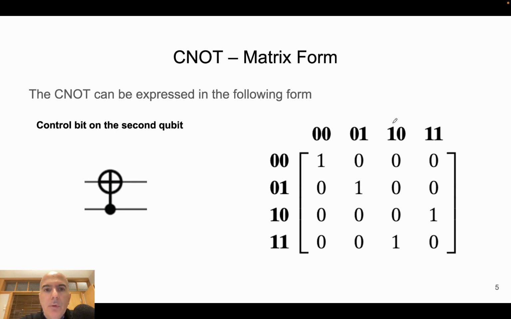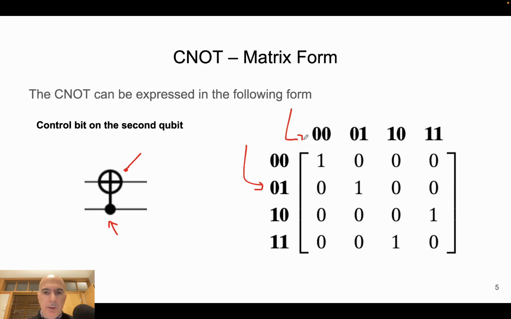It's also helpful to think of CNOT in tensor or matrix form. In this case we have a 4 by 4 matrix, and here we have the input state in binary notation, and here the output state. This represents a CNOT operation with the control on the second qubit and the target on the first qubit.